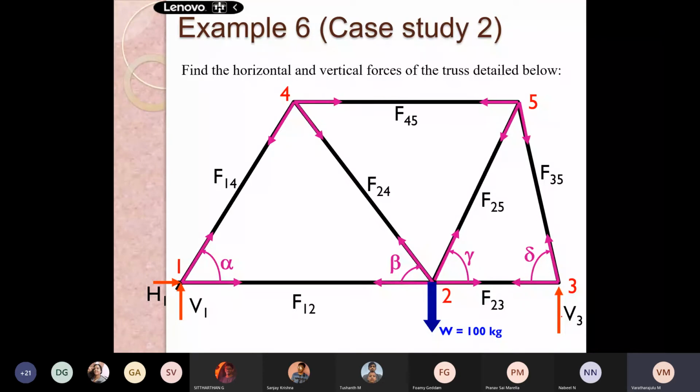How can we solve this problem? Any key to solve these horizontal and vertical components? Anyway, you please make a note of it.